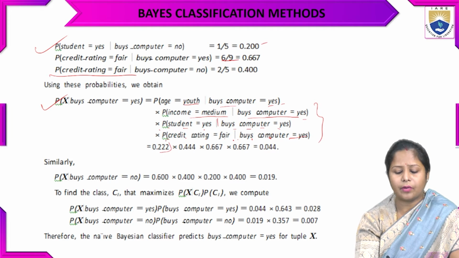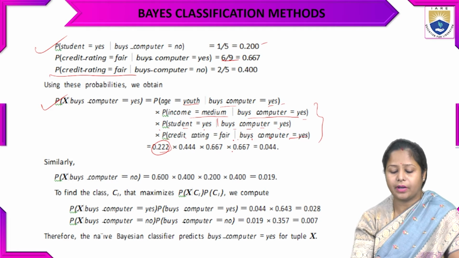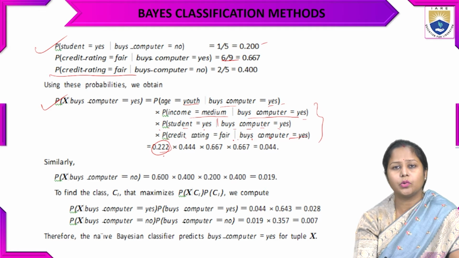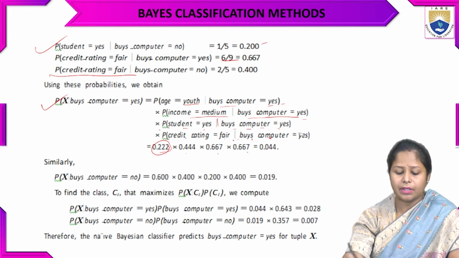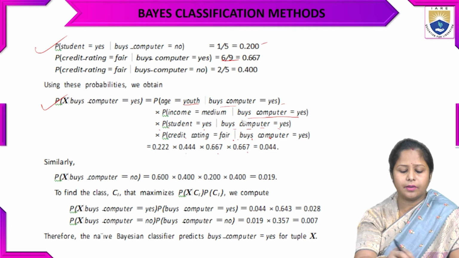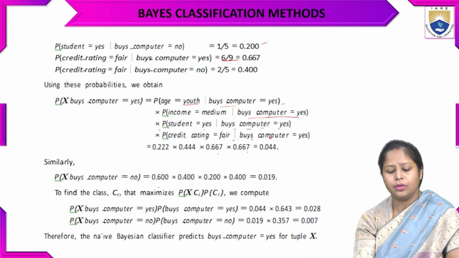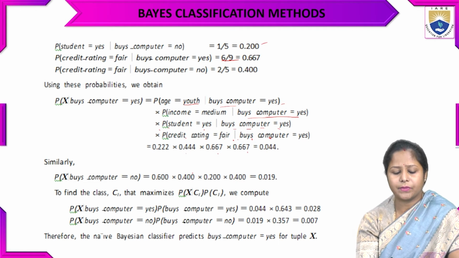So the values we have already calculated earlier are 0.222, 0.444, 0.667, 0.667, and the result will be 0.044 for that. Similarly, we'll calculate for buys computer is equal to no.